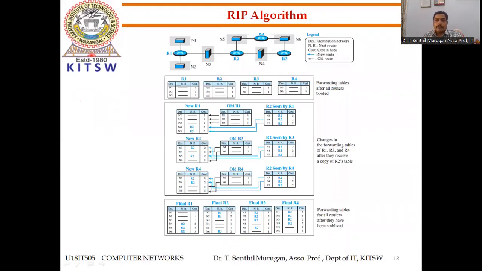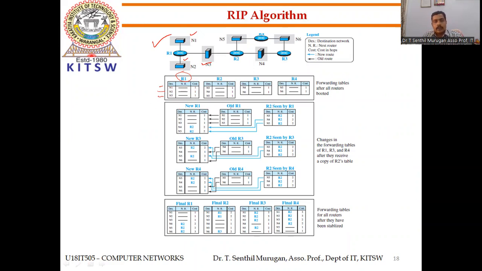This theory part you can refer to in your textbook. So how will the routing table be updated? Initially how it is, and after updating how it will be updated, you see here. So in case of R1, this is the diagram we will take. Initially the R1 value is like this. It is connected with N1, N2, N3, 3 nodes. It's connected with one hop count, directly connected with router 1.